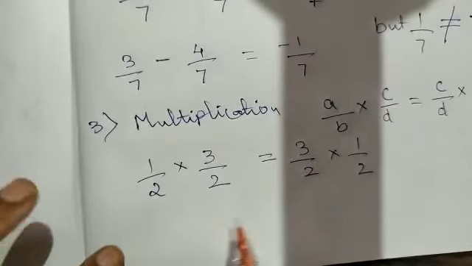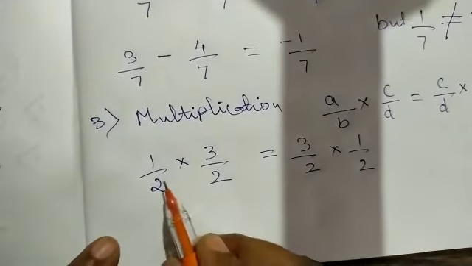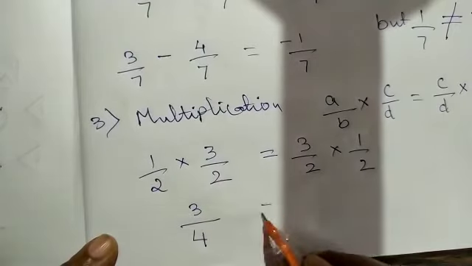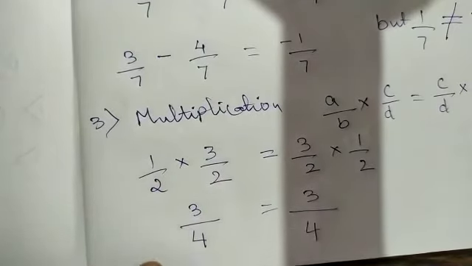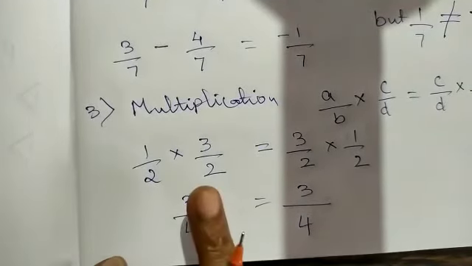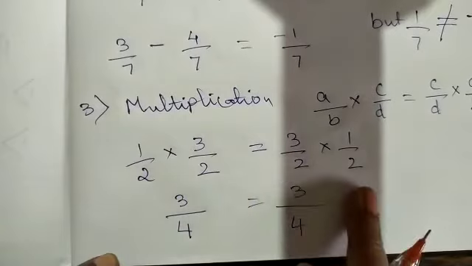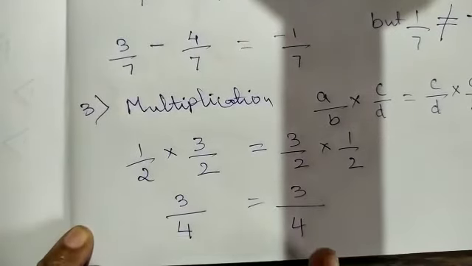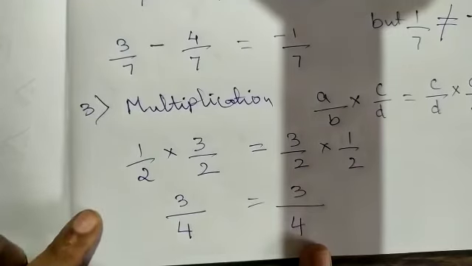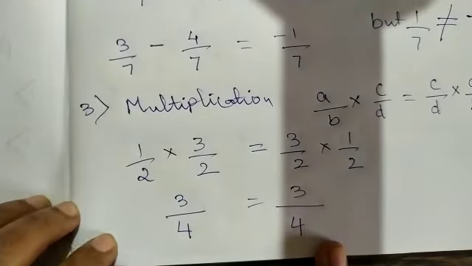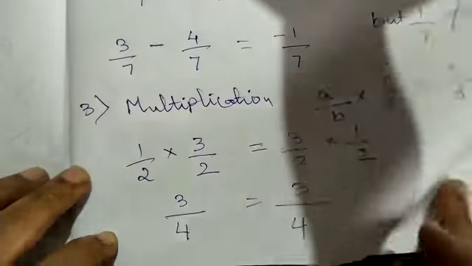We'll multiply both sides, LHS and RHS. 3 ones are 3, 2 twos are 4. Here also 3 ones are 3, 2 twos are 4. So on both sides I am getting the same answer. Means even if we change the order of multiplication, the answer remains the same. So we can say multiplication holds good for the commutative property.